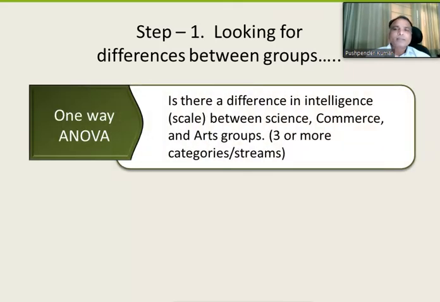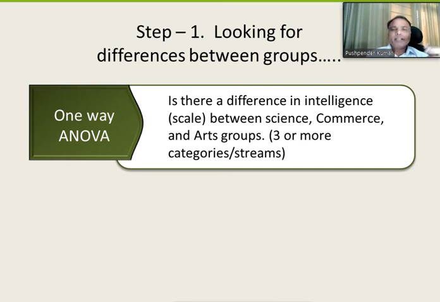You will be using one-way ANOVA in a situation when you want to see a difference between two variables, between independent groups. Is there a difference in intelligence? So intelligence is your dependent variable, and between science, commerce, and art groups.